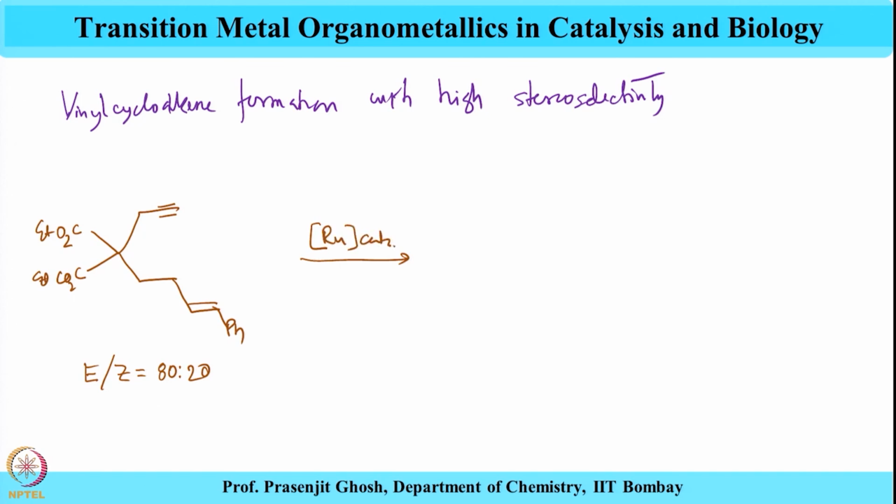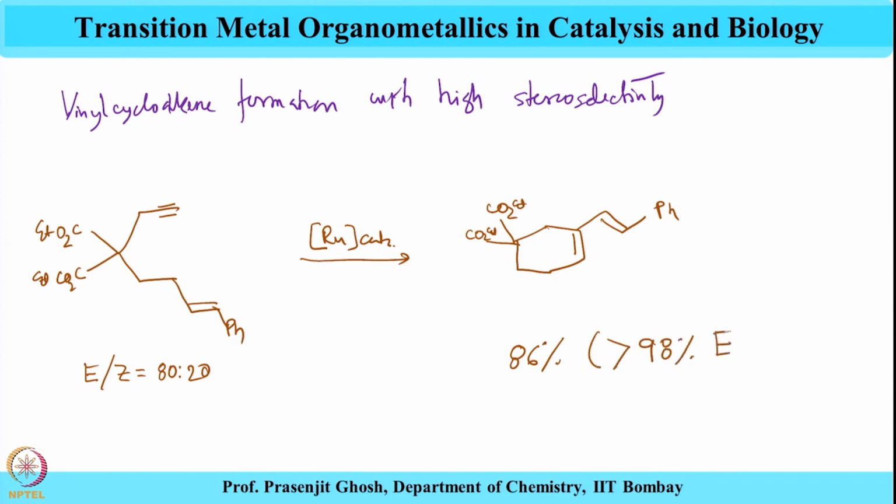It makes the 6-membered ring with this conjugated olefin in high yields, 86% yield and greater than 98% E olefin.